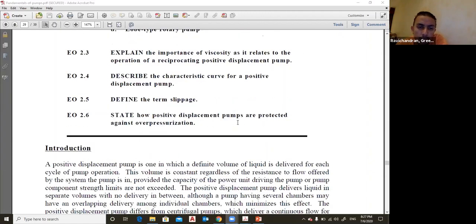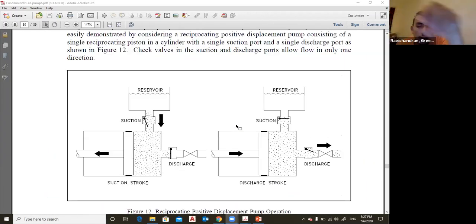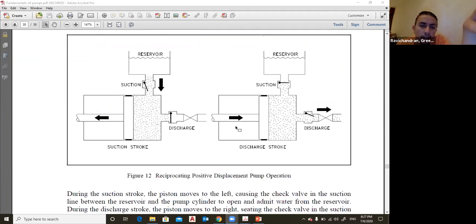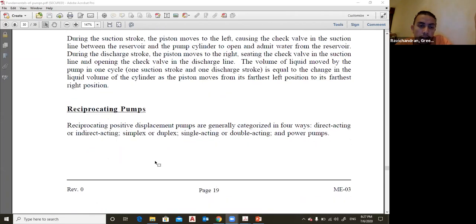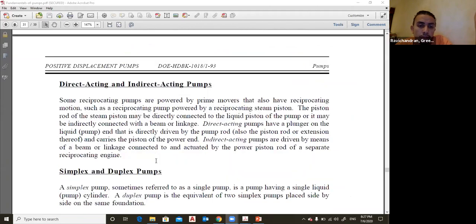Just read it or know what the symbol is for each one. At the beginning it starts with the principle of displacement pumps, like this piston: suction stroke and discharge stroke, and so on. What happened during these strokes? Okay, and then going to the types.